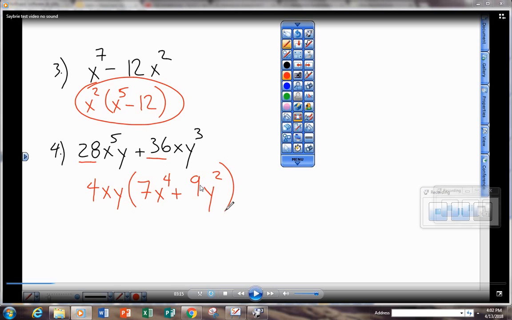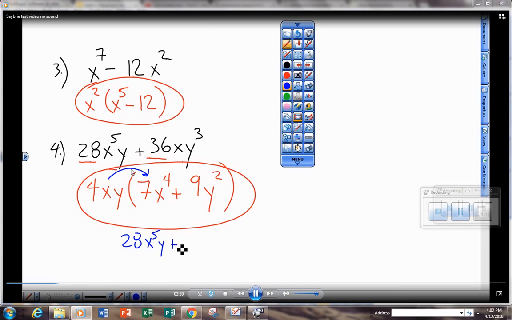X is already there, but y times y to the 2nd would give you y to the 3rd. So that is the greatest common factor, 4xy times 7x to the 4th plus 9y squared. And here I'm showing you what happens again if you distribute: 28x to the 5th y, 36xy to the 3rd. So hopefully that helps.